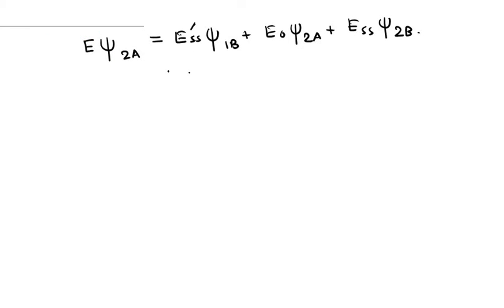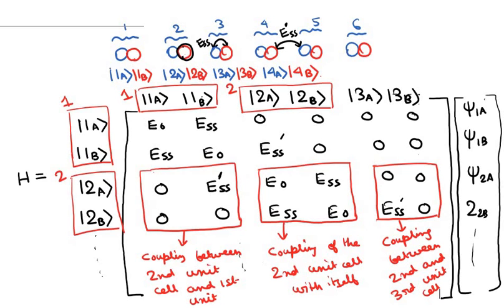Let me write this matrix as H22, which is the coupling of the second unit cell with itself, and let me see what this matrix was. So this matrix over here.